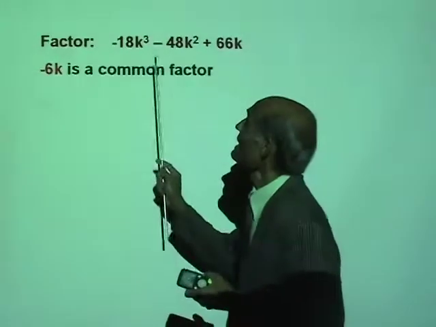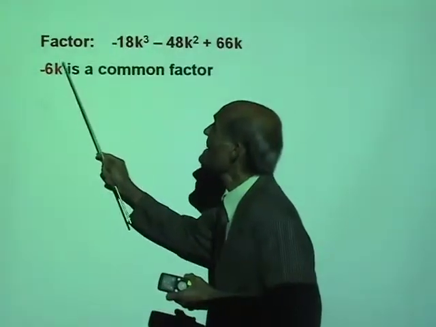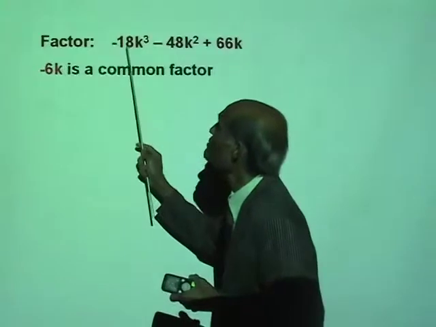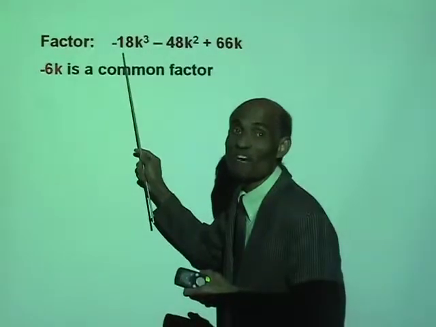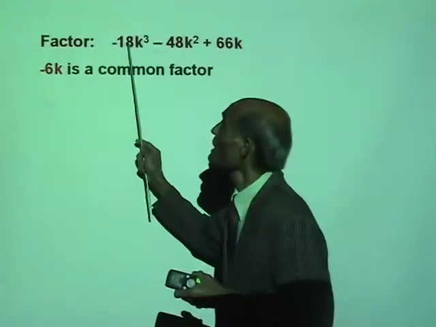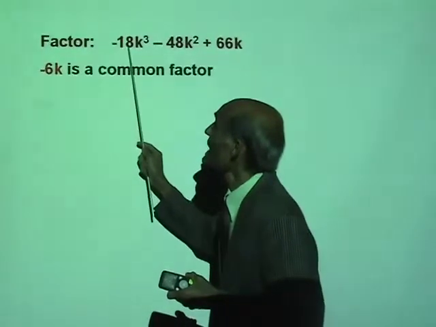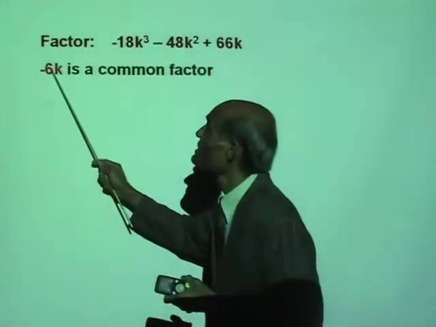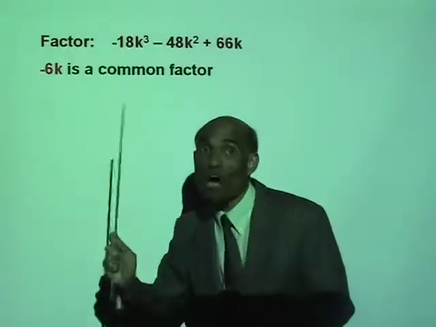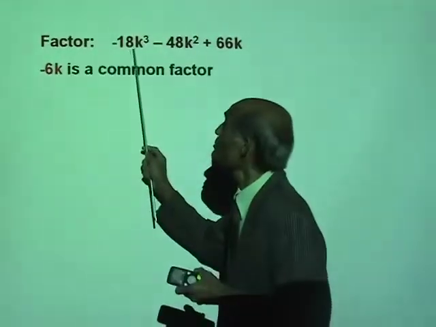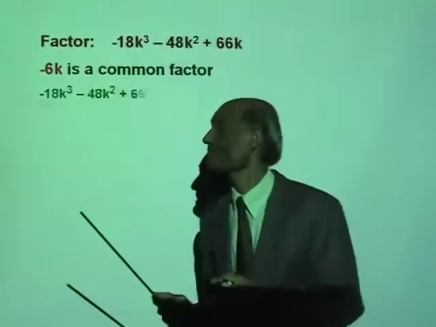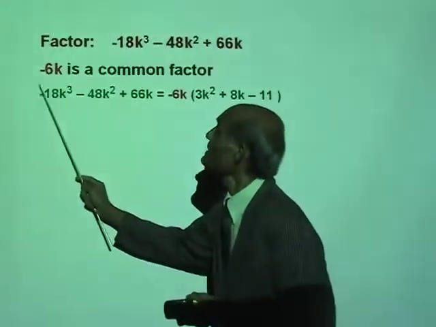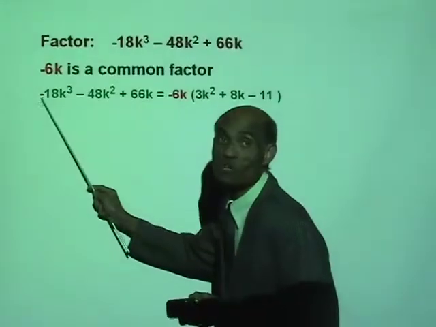Alright, can you tell me when negative 6k is pulled out of the first term, what is the remaining factor there? You see, negative 18 divided by negative 6 is positive 3. So what is remaining there is positive 3k squared. There you are. Negative 18k cubed.